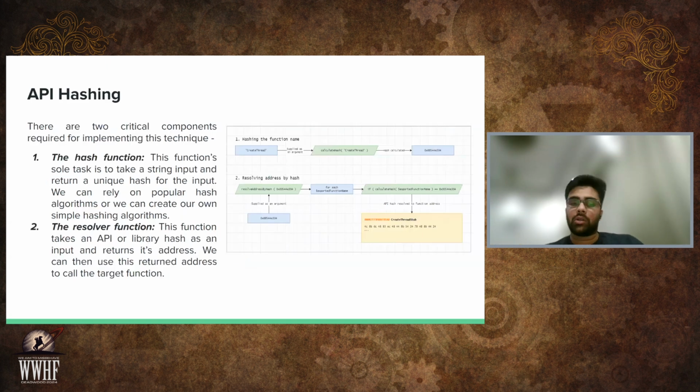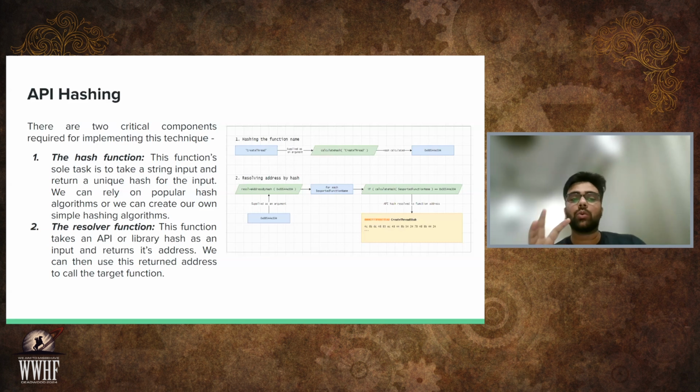So I'll be honest, in order to perform API hashing, we need to parse the portable executable format of Windows. API hashing itself is a very long topic, and the code and the basic fundamentals of it are a bit complex for us to give in this time frame. So we will very briefly explain the process of API hashing.